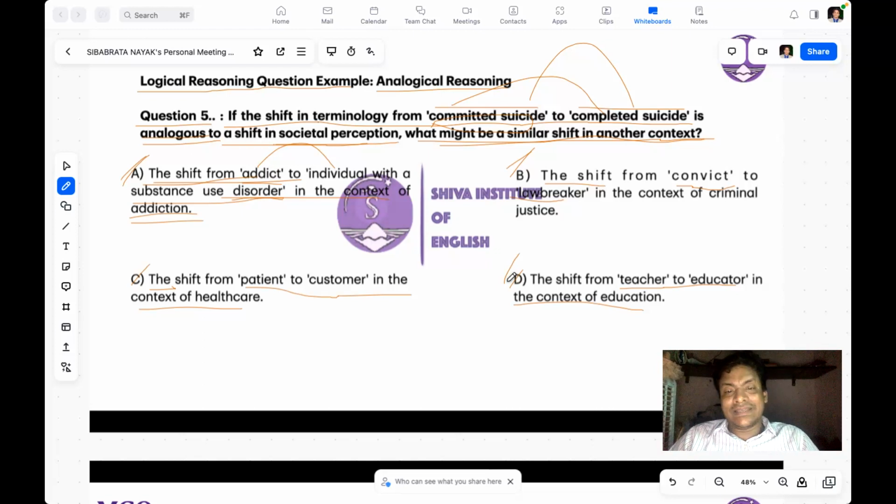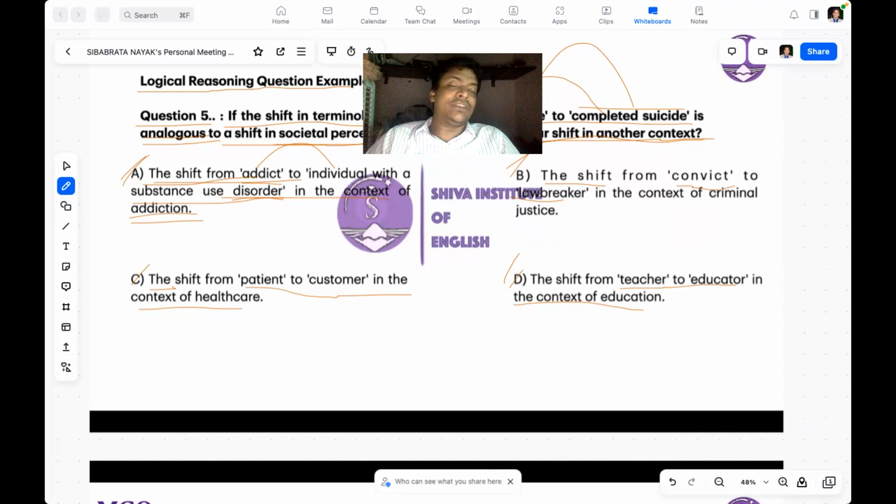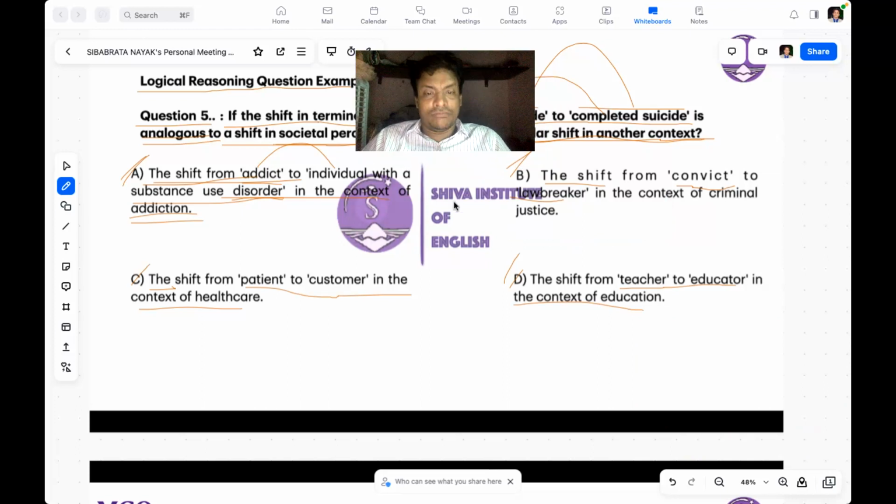It encourages society to view them as individuals in need of support and treatment rather than morally flawed or weak, isn't it? But if you observe the other options like B, C, and D, they do not represent a similar shift in societal perception through language change.